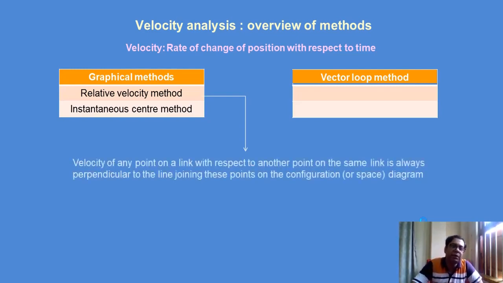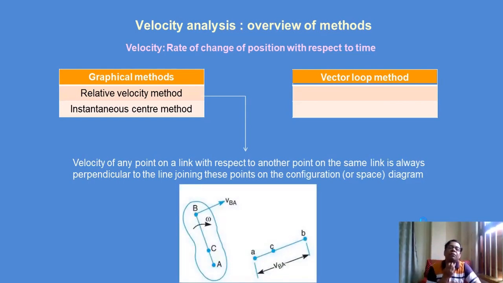Regarding the relative velocity method, we know that the velocity of any point on a link with respect to another point on the same link is always perpendicular to the line joining these points on the configuration or space diagram. For example, I have a figure here. On the left hand side, an arbitrary shape is there.